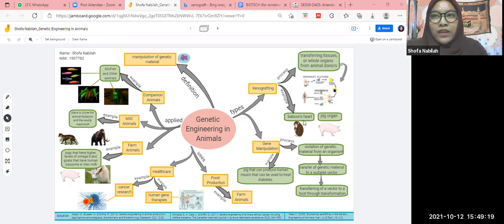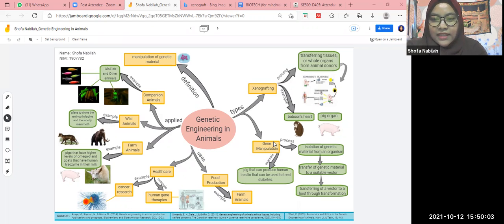The baby pig could live with the baboon's heart for 3 weeks, and after 3 weeks she died because the immunity rejected the baboon's heart. Another xenografting example is pig organs. Researchers are still researching pig organs whose cells, tissues or organs can be transferred and used in humans.